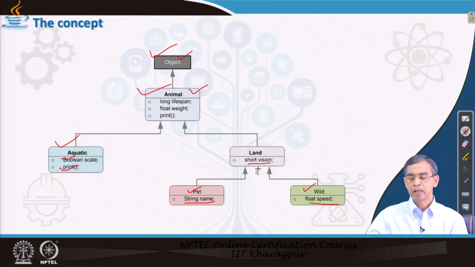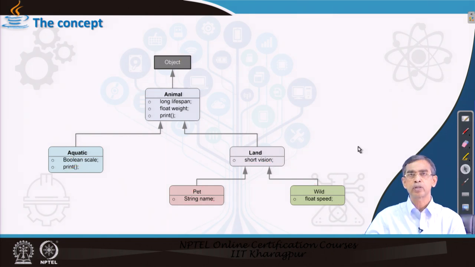Let us see first how all the classes in this hierarchy can be defined one by one. That means we want to define the Animal class, Aquatic class, Land class, Pet class, and Wild class with the generic concept. Let us see how we can define it. There are a few small parts of the program regarding the definition of each class.